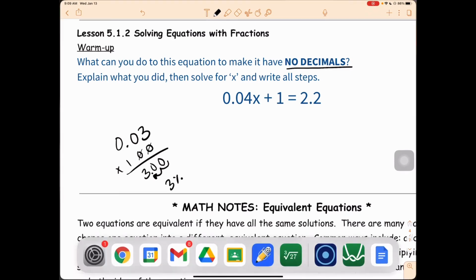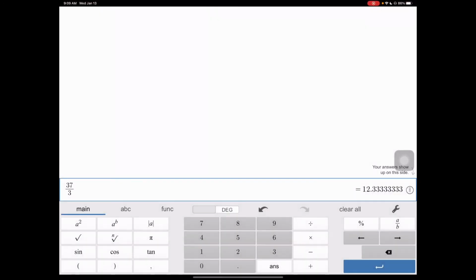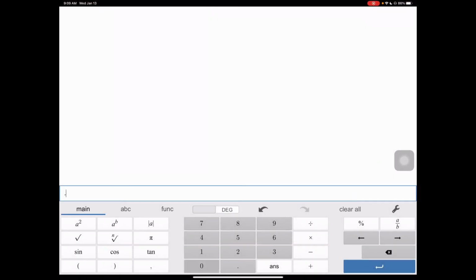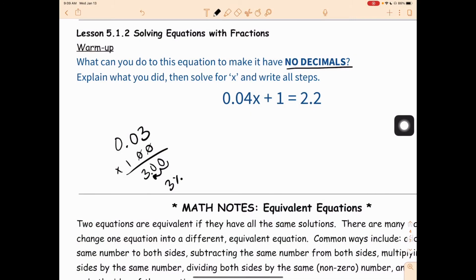But I could show you a little bit easier in a calculator, right? So here we have 0.03 times 100. I get a positive 3, just 3, whole number 3, okay? So here, if we multiply this whole thing by 100, because if you're manipulating equations, you have to do every single piece of it, right?